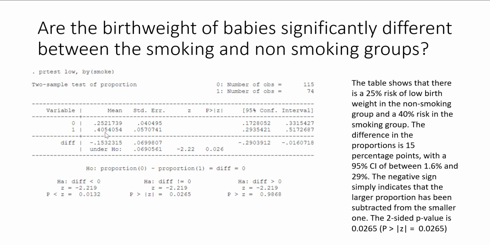Or you can say that on the average, the birth weight of children born to mothers who do not smoke is higher by 15% compared to the mothers that do smoke. All right. So this is all about understanding the English. Just know that you can see here, this is 0.40, this is 0.25. This one refers to the smoking group, zero refers to the non-smoking group. So always the zero category is the default category.